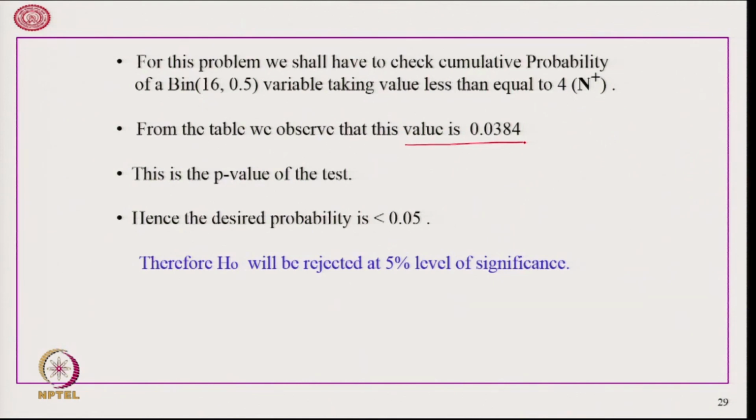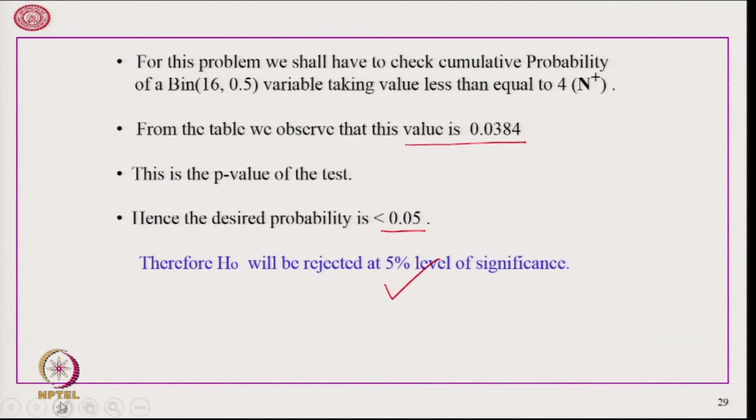That is the observed value of the probability corresponding to the statistic that is given from the sample. Since this value is less than 0.05, we will be rejecting the hypothesis at 5% level of significance.